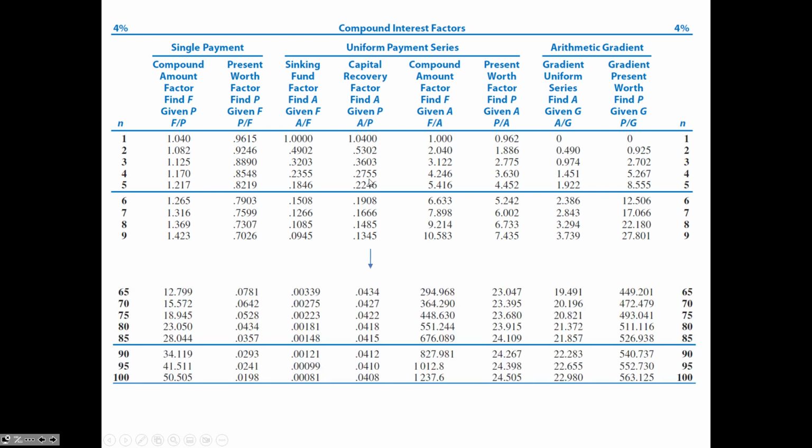And if you follow it down through lots of rows, at 100 years, it's 0.0408. So if it's infinity years, then the factor would be 0.04. It's approaching that 4% at 100 years. But at infinity, that A to P factor is 0.04.